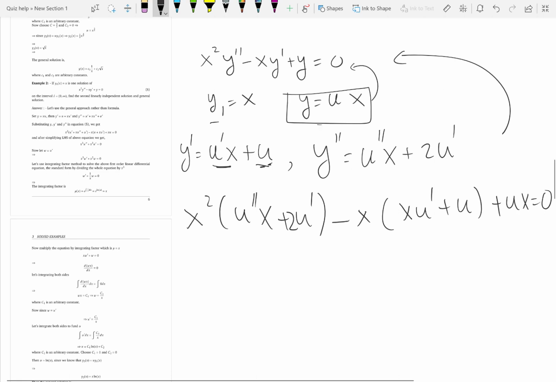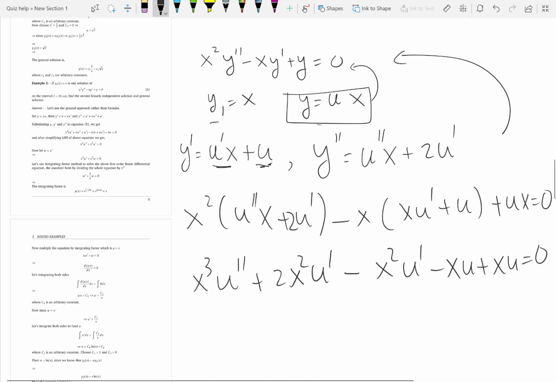Okay, y is u times x. Good, so let's distribute these brackets. Well, x cube u double prime plus 2x square u prime minus x square u prime minus xu plus xu is equal to 0.